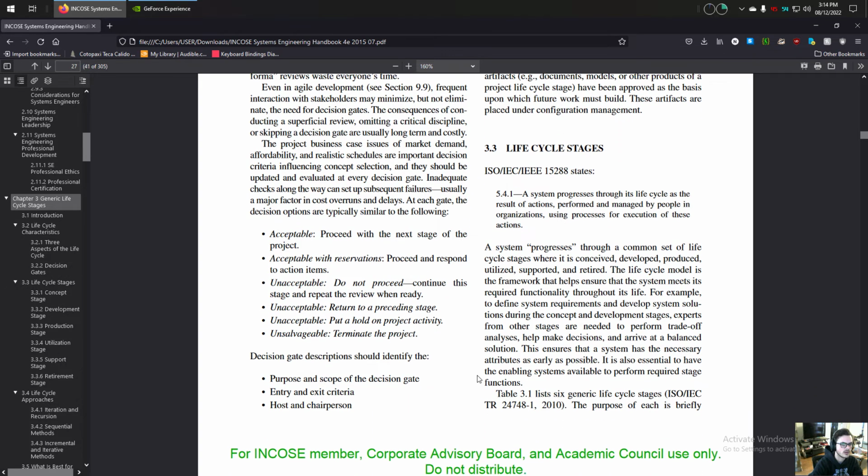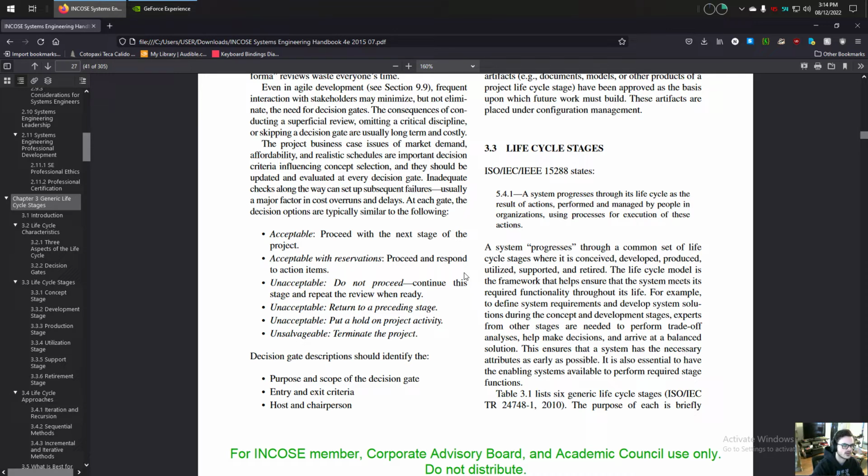Section 3.3, Lifecycle Stages. ISO IEC IEEE 15288 states, a system progresses through its lifecycle as the result of actions performed and managed by people in organizations using processes for execution of these actions. A system progresses through a common set of lifecycle stages where it is conceived, developed, produced, utilized, supported, and retired.